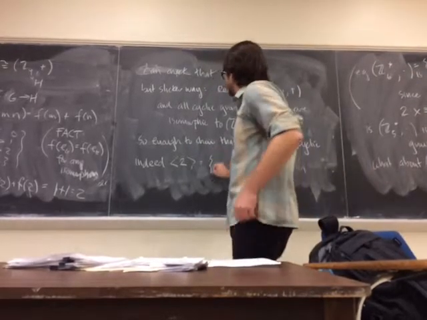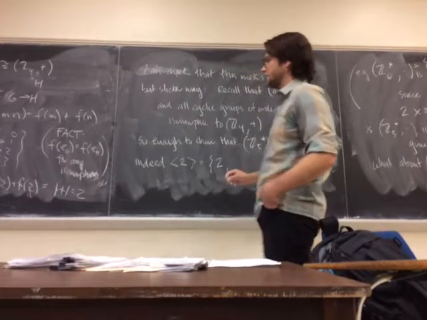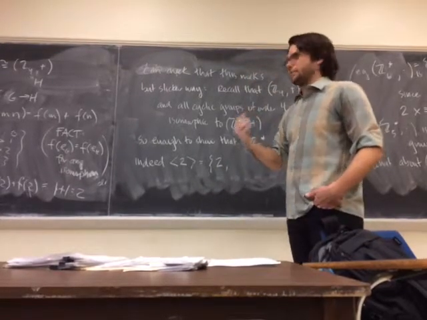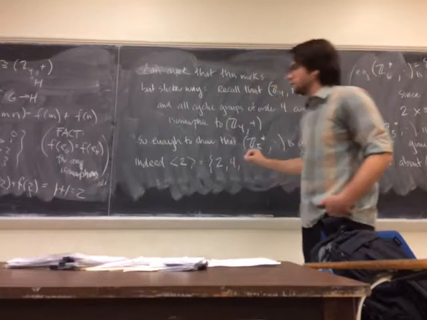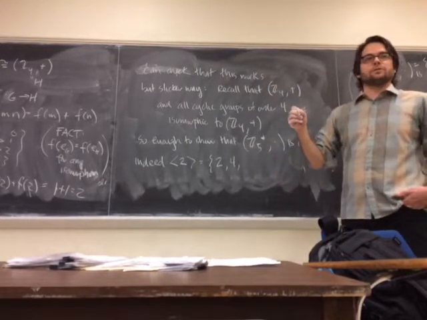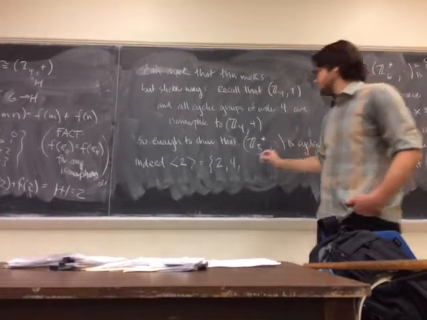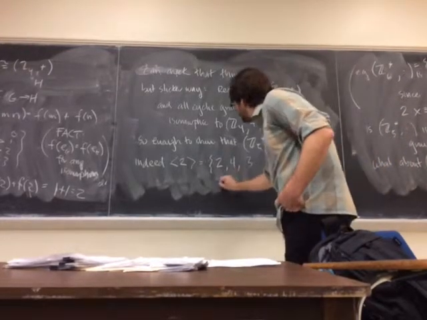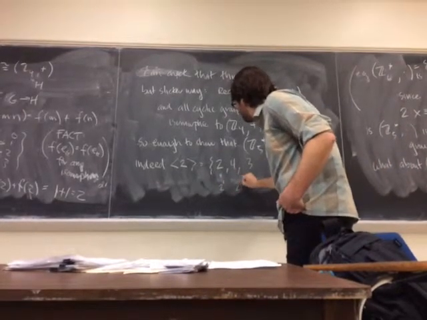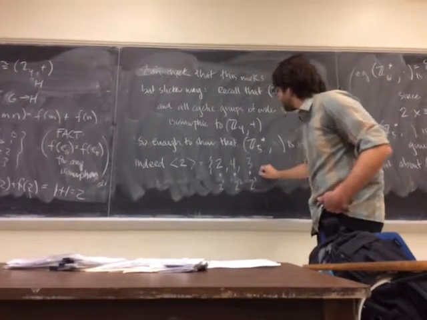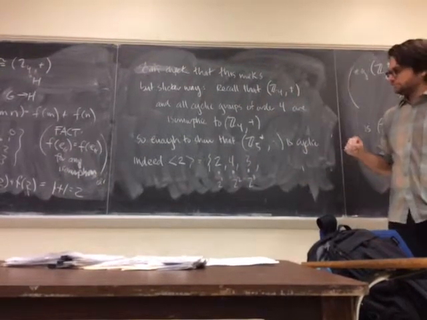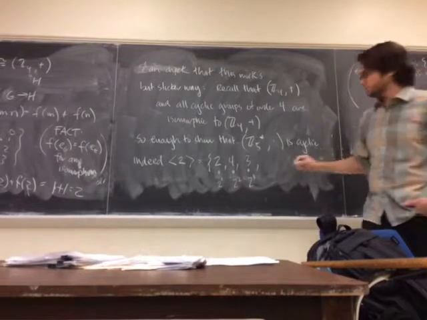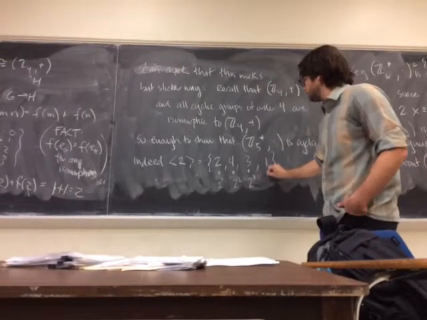I get 2 to the first power. 2 squared is really 2 times 2. 2 cubed is 2 times 2 times 2, which is 8, which is 3. So this is 2 to the first, this is 2 squared, this is 2 cubed. What's 2 to the fourth? 16, which is 1. That's it, right? That's the whole group.